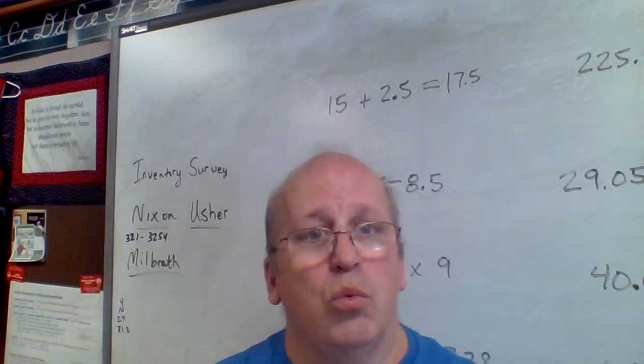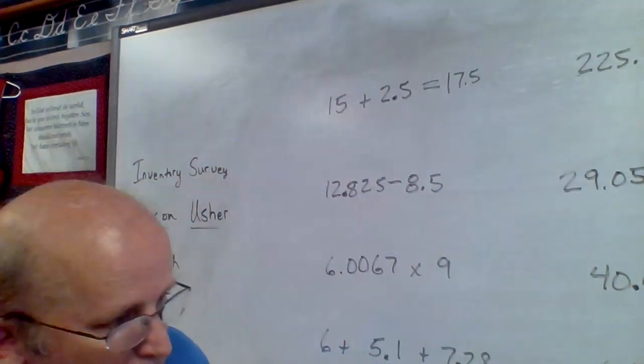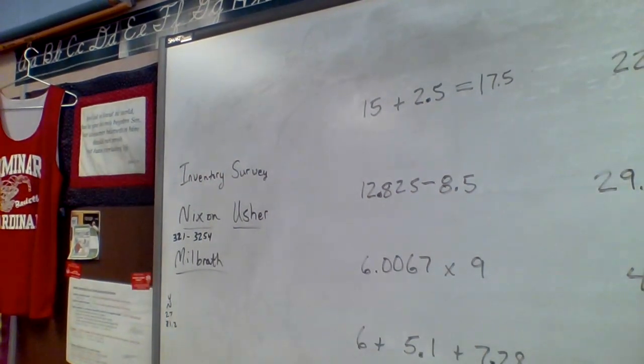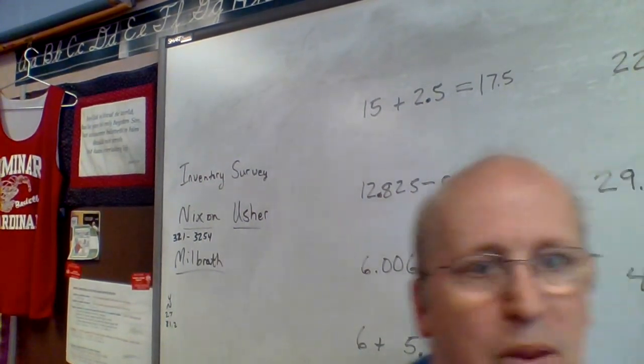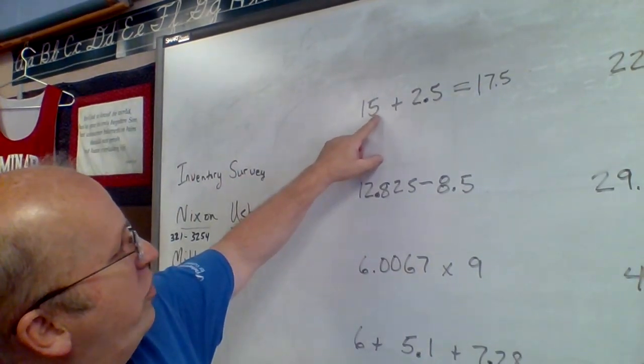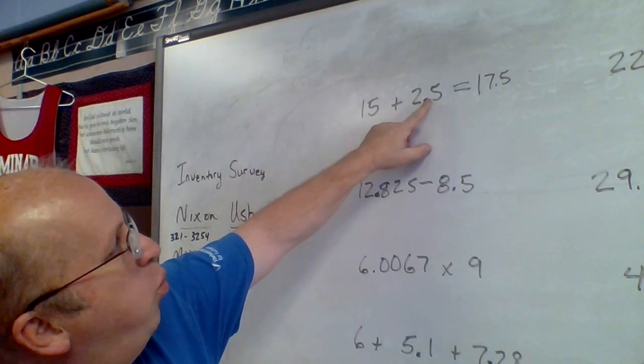Well, if you look at the rules that are on that page for adding and subtracting, you need to think about how many decimal place values are involved in this. This one has 0 place values in the decimal slots. This one has 1.